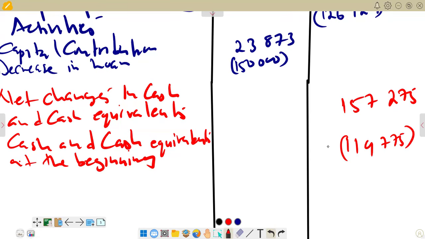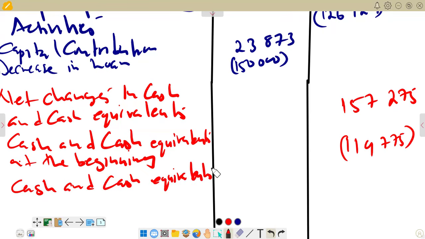We are supposed now to get cash and cash equivalents at the end. So here, the final figure is cash and cash equivalents at the end, whereby we are saying 157,275 minus 119,775, and you get your net figure there, which is supposed to be 37,500.